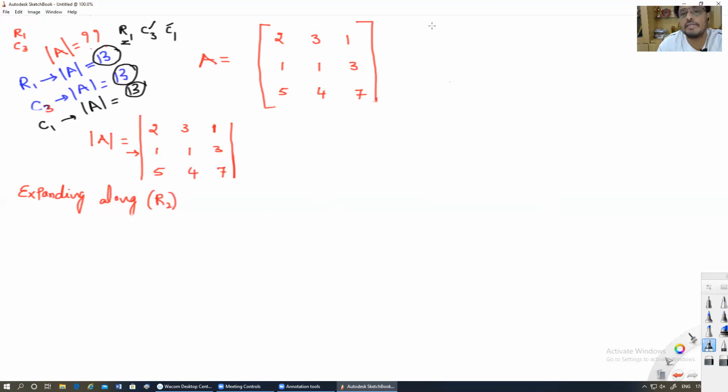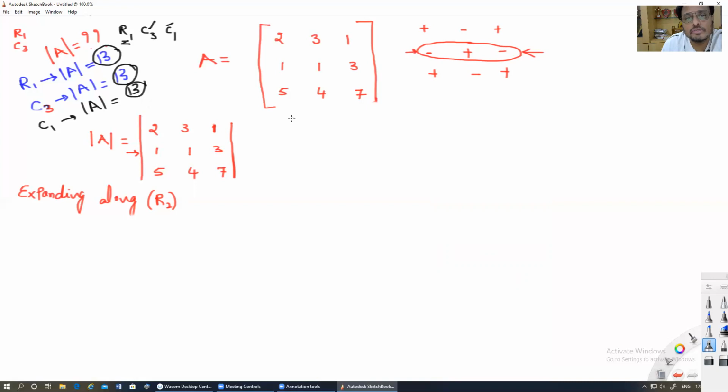All the signs for the 9 elements: starting with plus, minus, plus, after plus, minus, plus, minus, after minus, plus, minus, plus. So we are working on the second row now. We have decided to expand with the second row like this. This is the second row. So again, I'll write the elements once again.